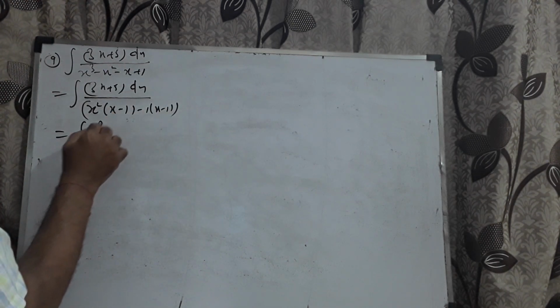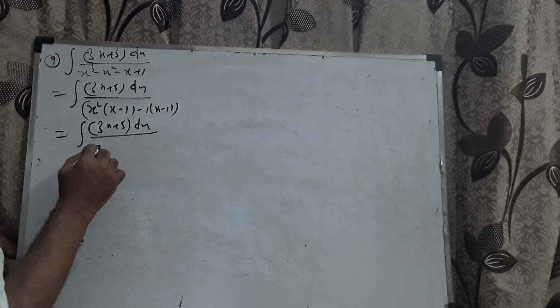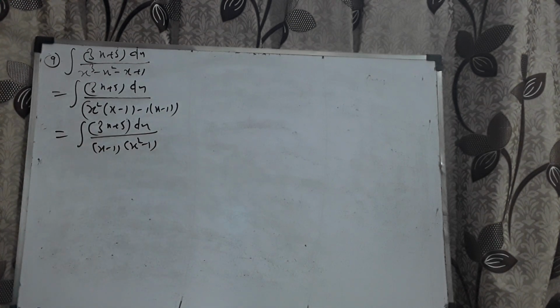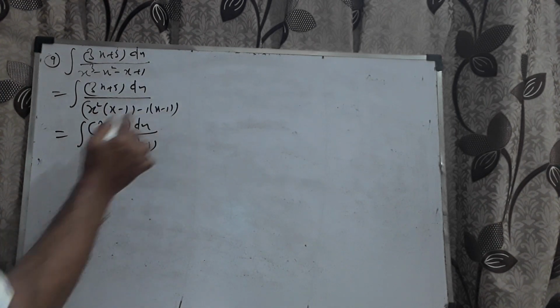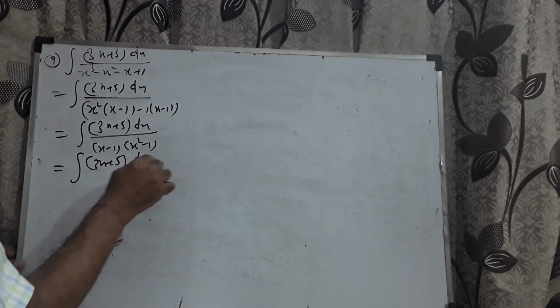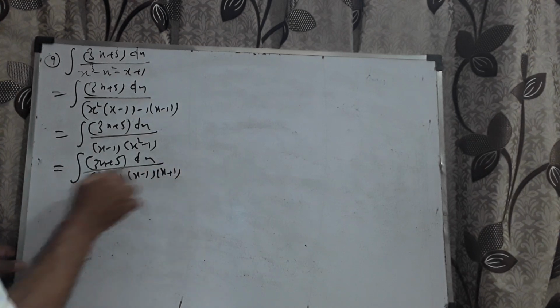This will become (3x+5) dx divided by (x-1) into (x squared minus 1). I can take x minus 1 as common here. This is again (3x+5) dx by (x-1)(x-1)(x+1).